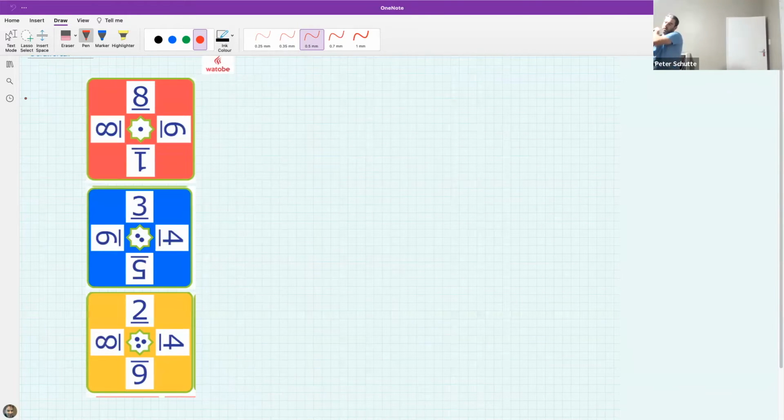Who feels like they are in Maths 24 mode today? Who is going to get the red or the blue or the yellow?